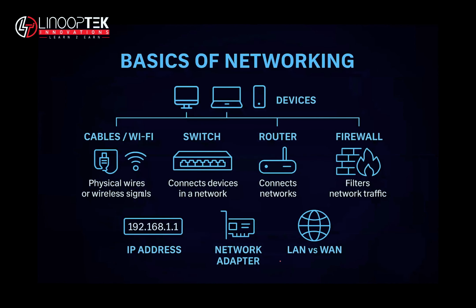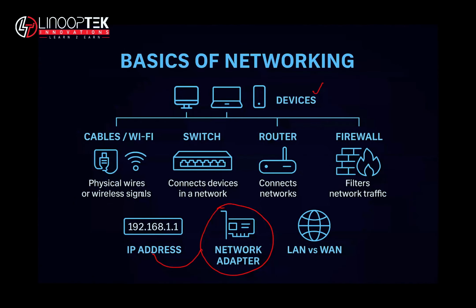Then we talked about the basic networking. I told you specifically that every device on the network has to have a network card, and the network card has an IP address. This is found on any device, right?